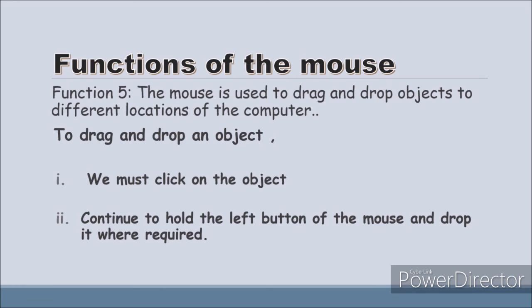First, you must click on the picture. You continue to hold the left button, and when you bring your mouse on the folder, you just drop it. So let's go through an example.